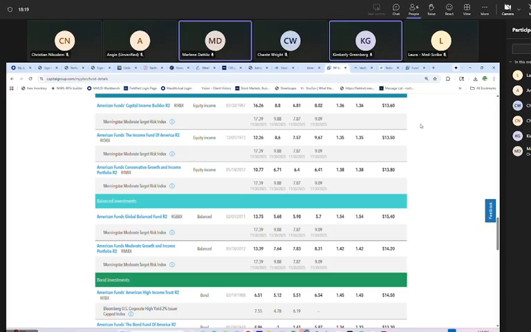Right. So if you contribute 5, they will match 4. It's dollar for dollar on the first 3% of your contributions, and then it's 50 cents on your contribution at 4%, and another 50 cents on your contribution at 5%. Okay, I see. Thank you.